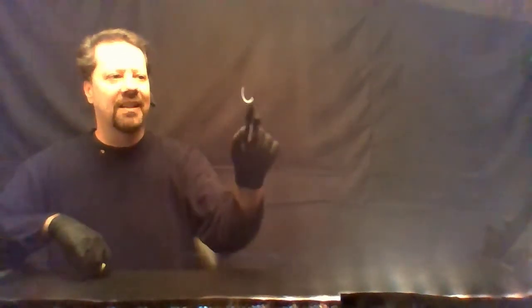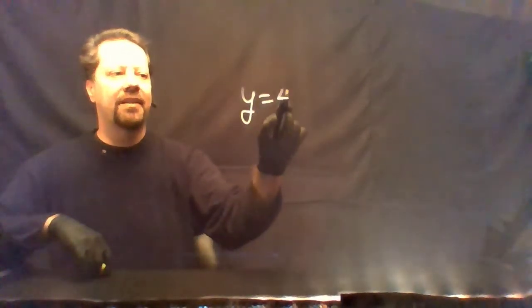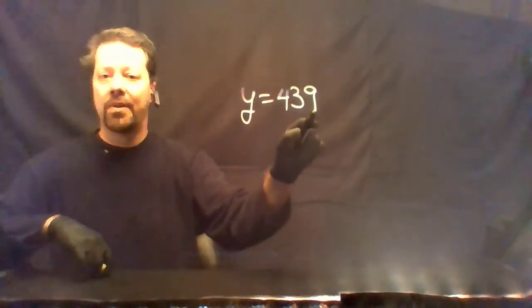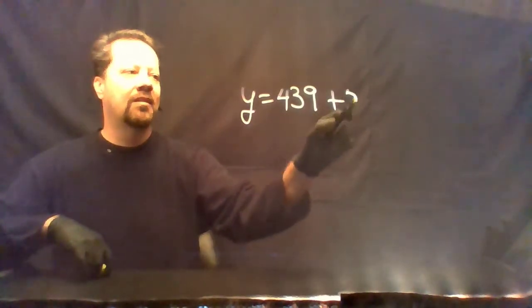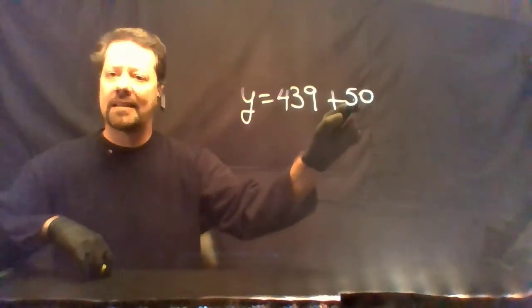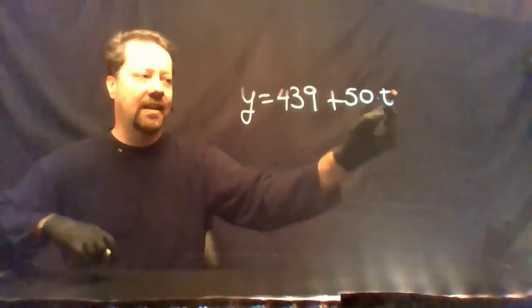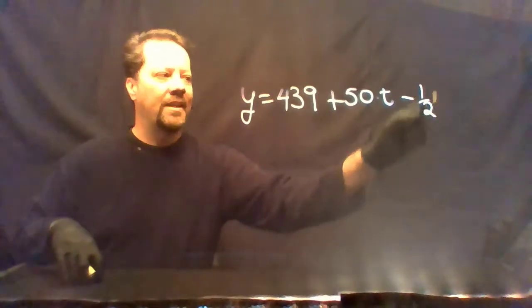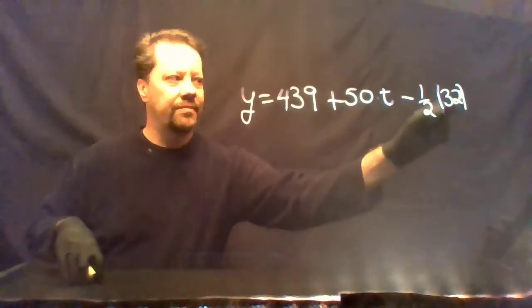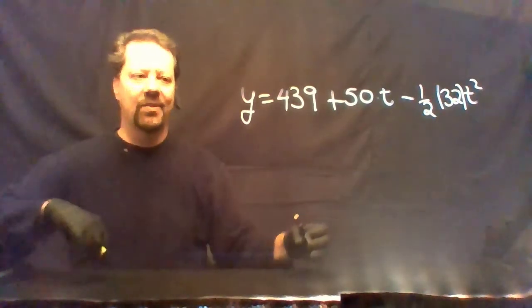The height formula is then the initial height, let's say 439 feet, plus the initial velocity, 50 feet per second, times the number of seconds that has elapsed, minus 1/2 times 32 times t squared.